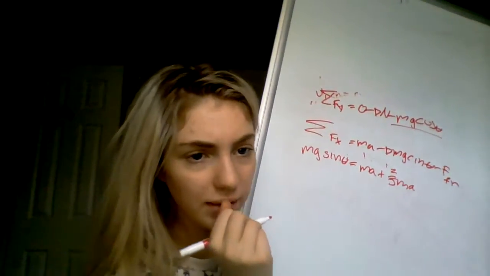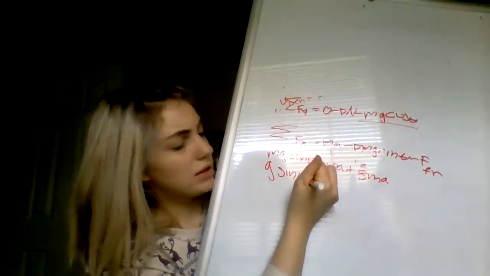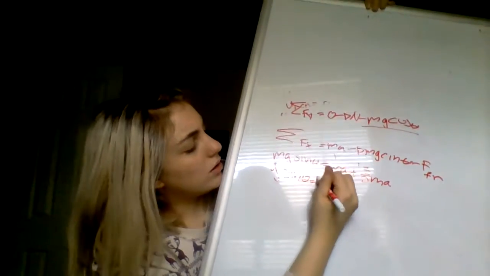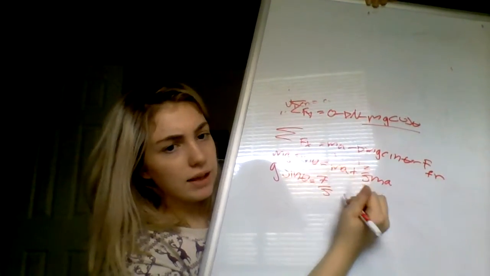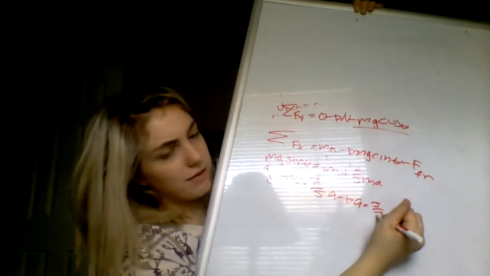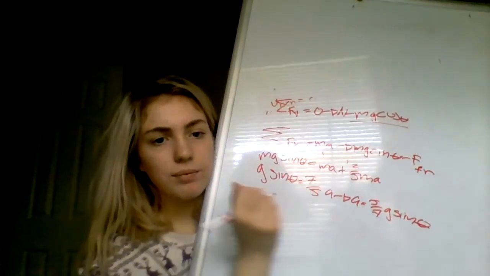And then we have another equation that we know, g sine theta will equal 7/5 a. Therefore, a equals 5/7 g sine theta.